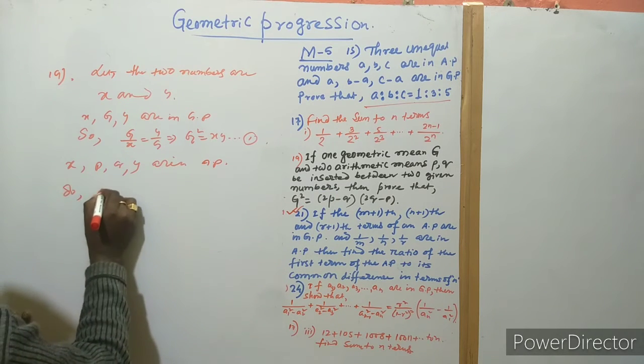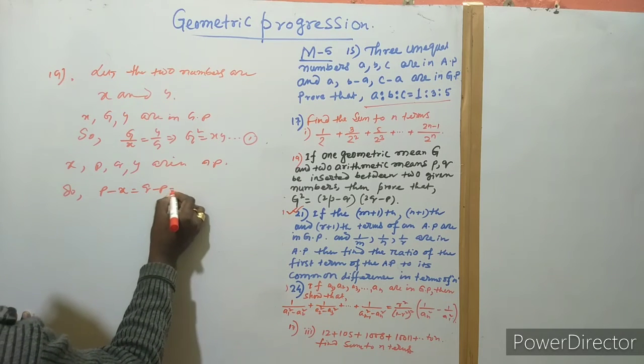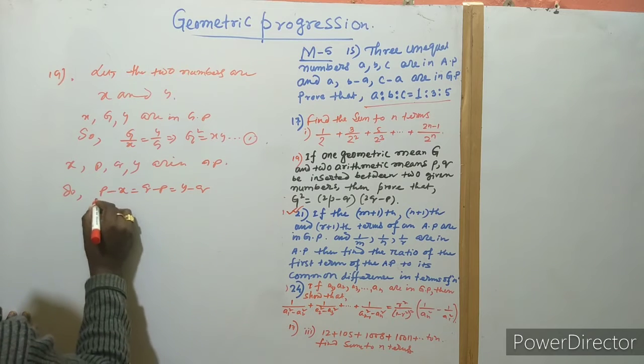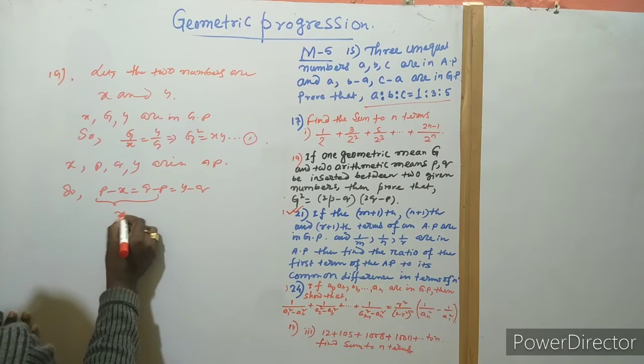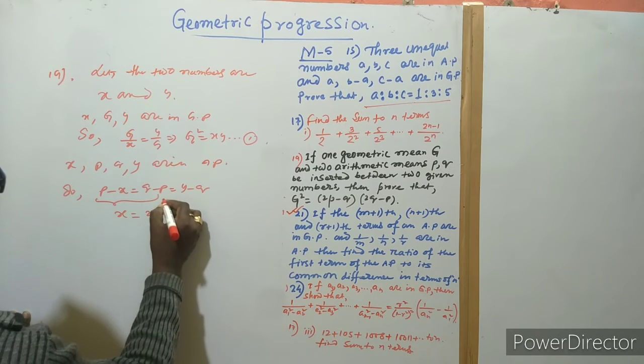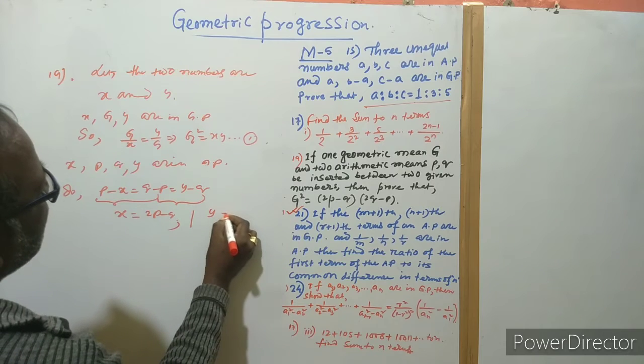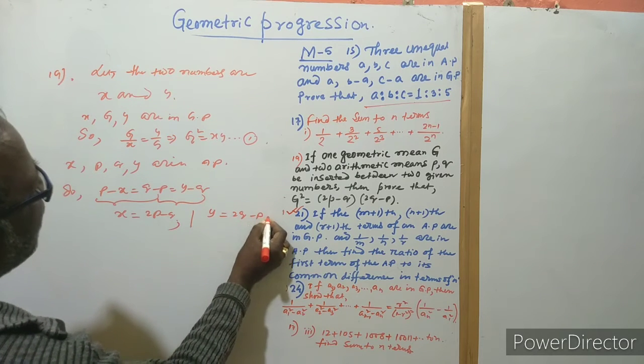So we can take like that P minus x, Q minus P, and y minus Q. If we take these two, then what do we get? So x is equal to 2P minus Q here. Okay. After that, if we take these two, then what do we get? Then y equals 2Q minus P here.